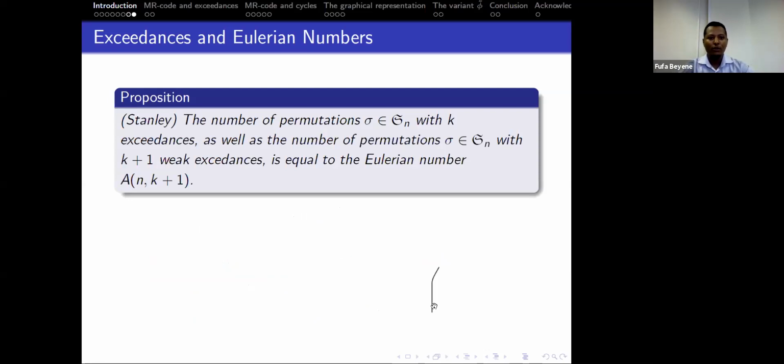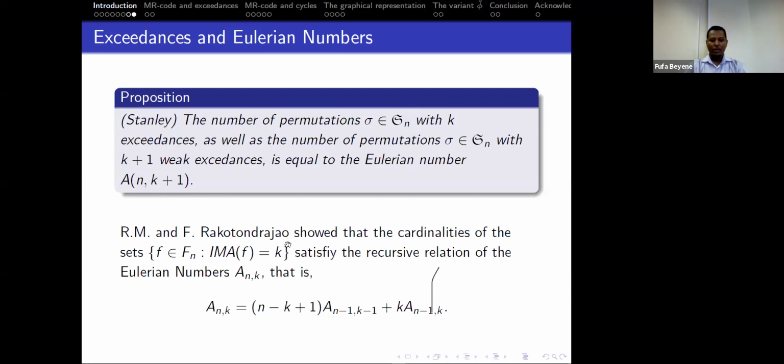Finally, as part of the introduction, I just talk about the result from the Richard Stanley book. The number of permutations sigma in the symmetric group with k exceedances, as well as the number of permutations sigma with k plus 1 weak exceedances, is equal to the Eulerian number A(n, k+1).